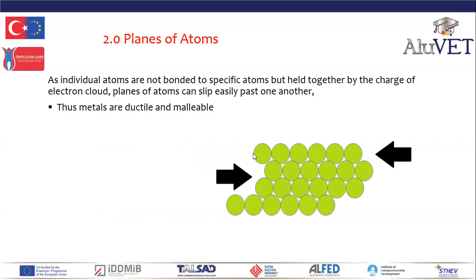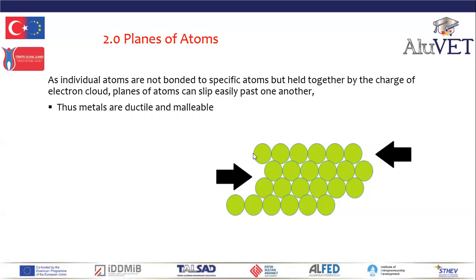Now, as individual atoms are not bonded together to specific atoms, but held together by the charge of the electron cloud, we can actually physically slide or move the atoms or planes of atoms over each other. We've got planes of atoms, planes of ping pong balls.